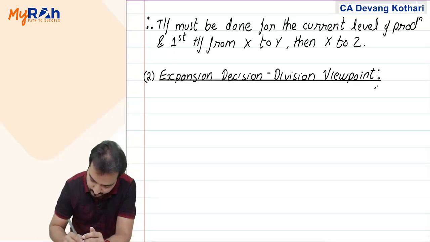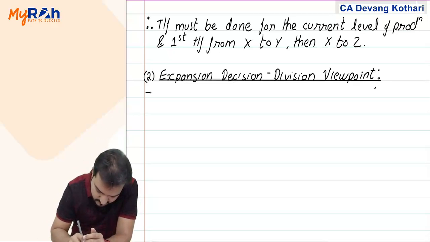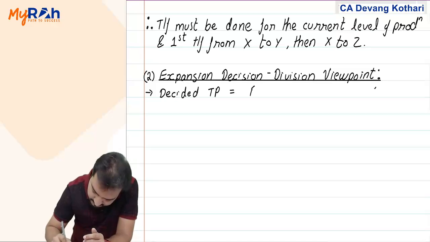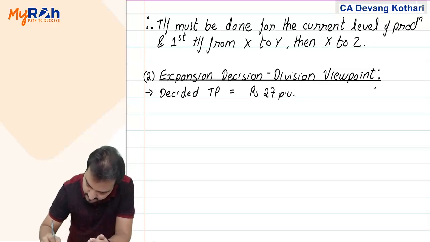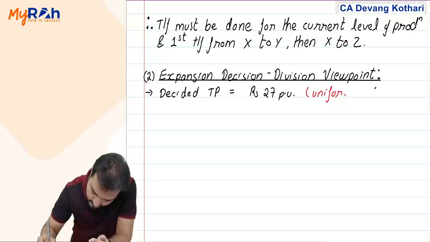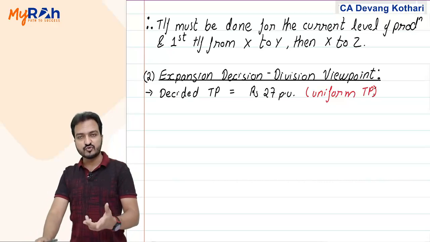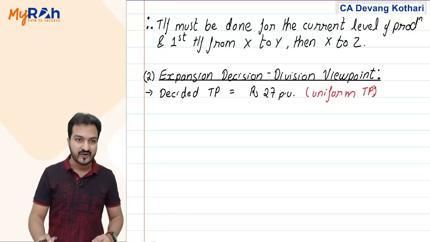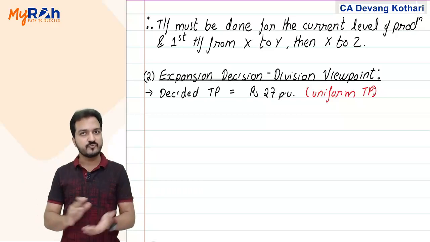From each division viewpoint, first of all, I'll say that the decided transfer price is 27 per unit, because the company has a policy to have a uniform transfer price. For transfer from X to Y or from X to Z, both transfers should have a uniform transfer price of 27. So assume that they decided a transfer price of 27.